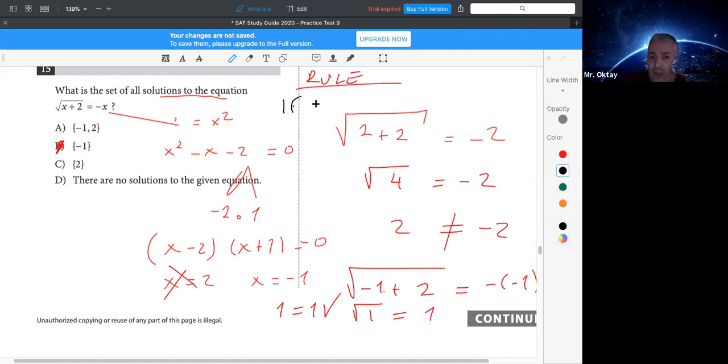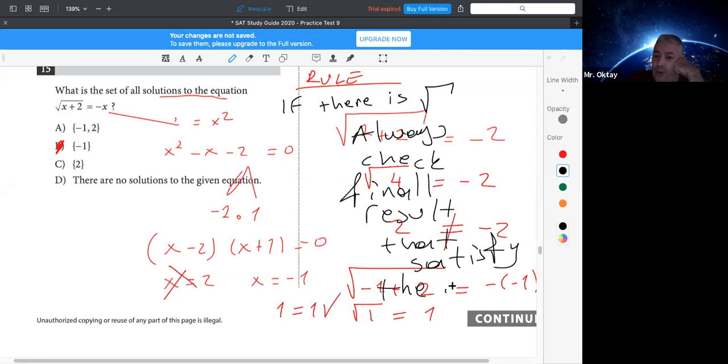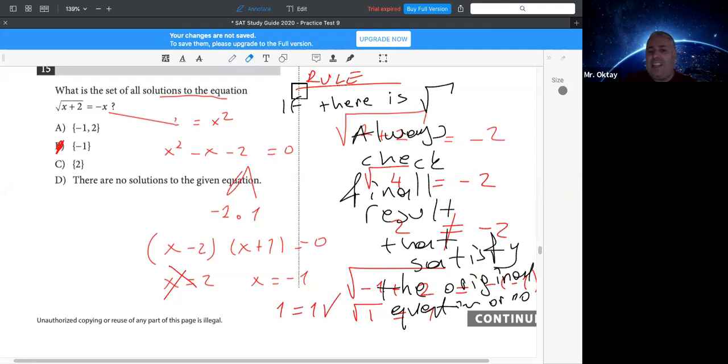If there is a square root, always check the final result, whether it satisfies the original question or not.